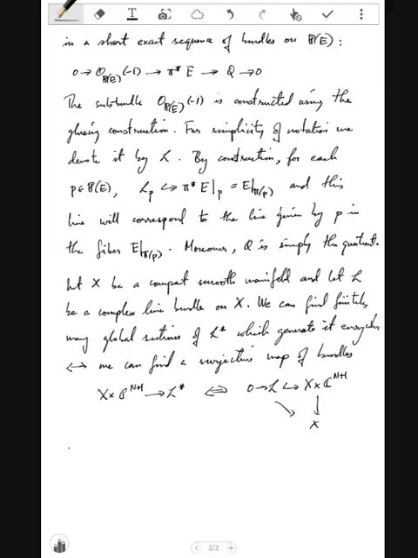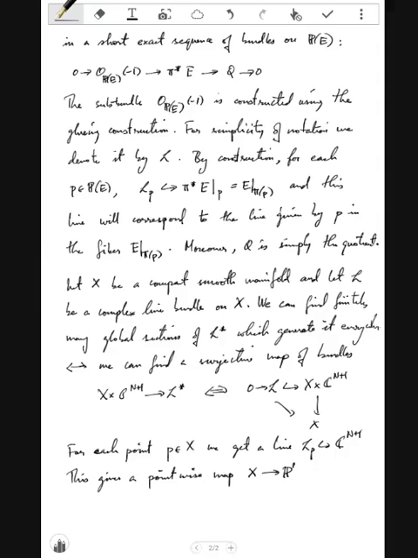For each point p in X, we get a line L_p sitting inside C^{n+1}, and this gives a pointwise map from X to P^n. It is easily checked that this map is smooth.